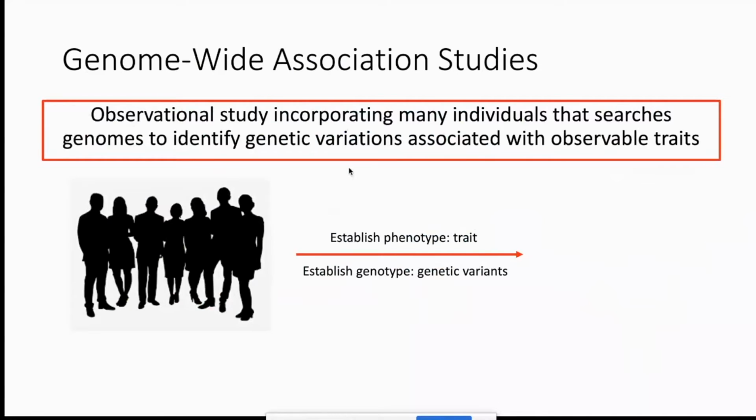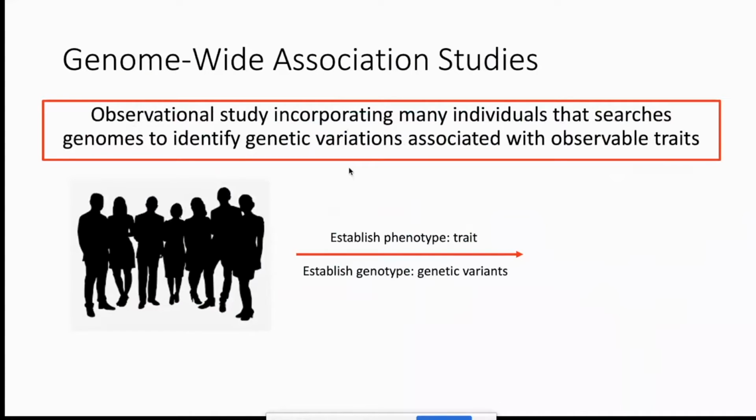And the study we get our data from in Mendelian randomization is known as a genome-wide association study, or a GWAS. And this is an observational study which incorporates many, many individuals. Then the researchers search the genetic data for all these individuals and look at what genetic variants are associated with different traits.